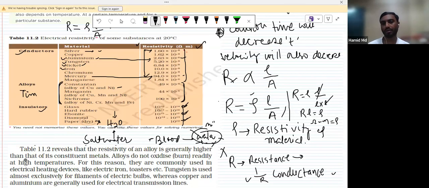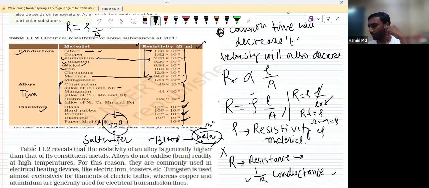Dry bones are really insulators. If our skin is dry and there are no water molecules in our skin, then it won't conduct electricity. The main factor used to conduct electricity is the H2O molecule. If you drain out all the H2O molecules, then it will be like an insulator. Got the point? Yes, sir.